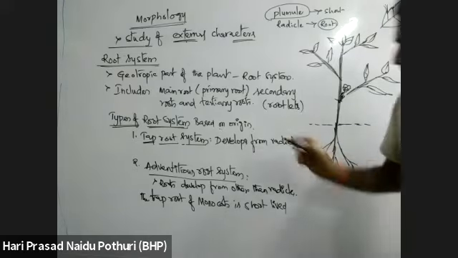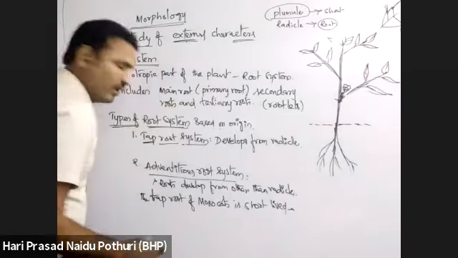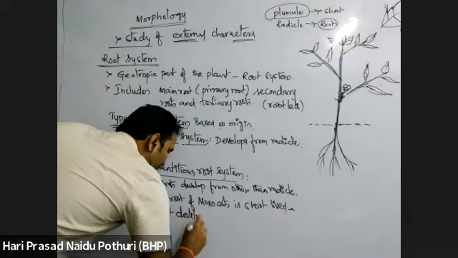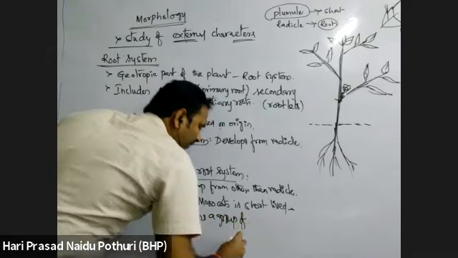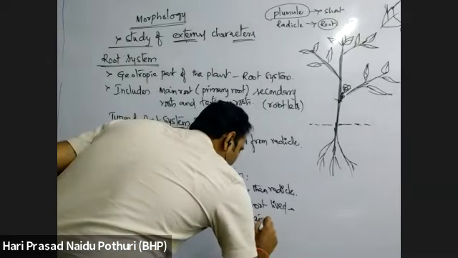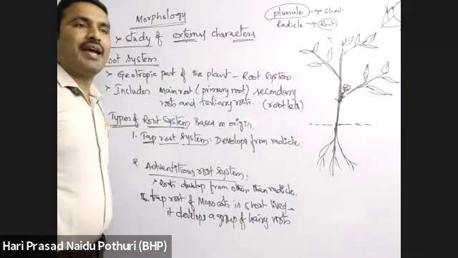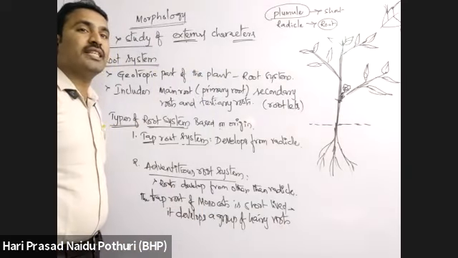So as the taproot of monocots is short-lived, it develops a group of hairy roots. A group of hairy roots are developing where the taproot is degenerating.